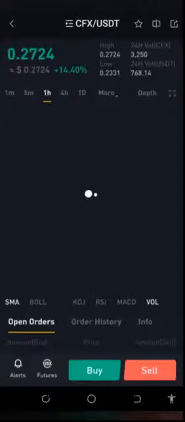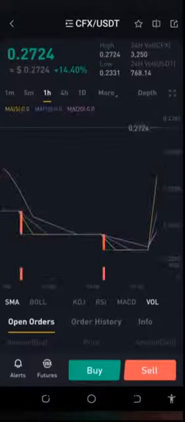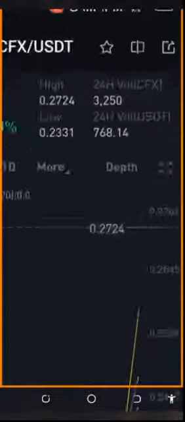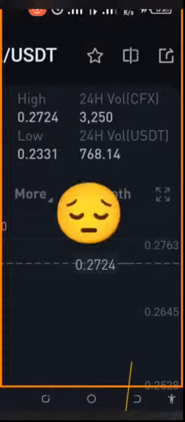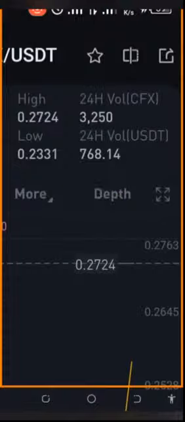Can you just imagine that I was so excited about getting this in? Just look at this. The entire liquidity is 768 USDT. That is poor. Wow. I didn't check this.